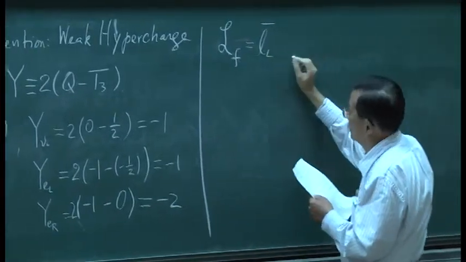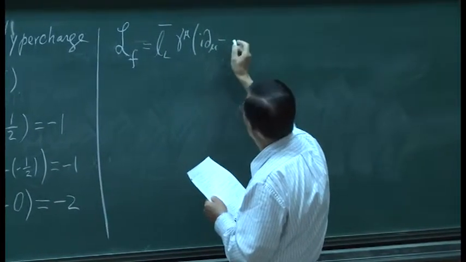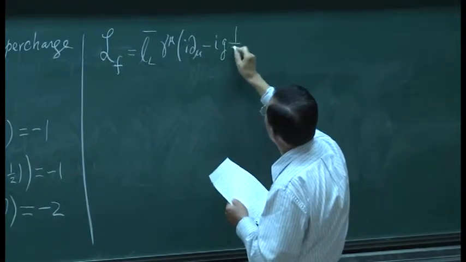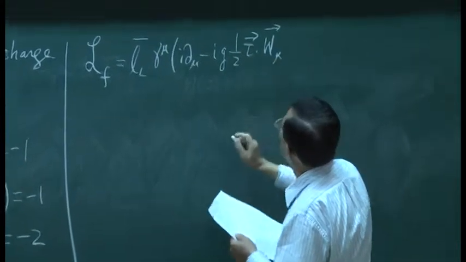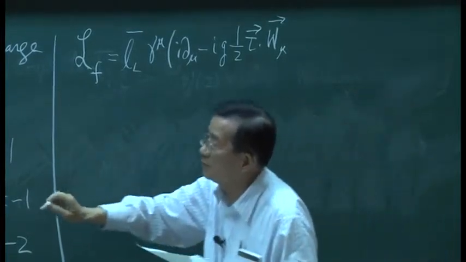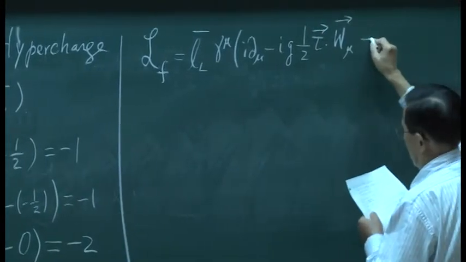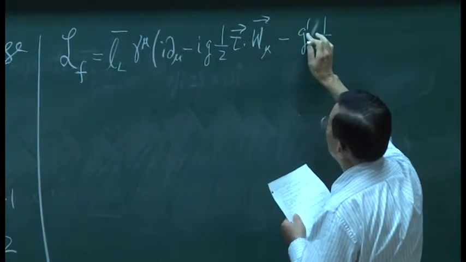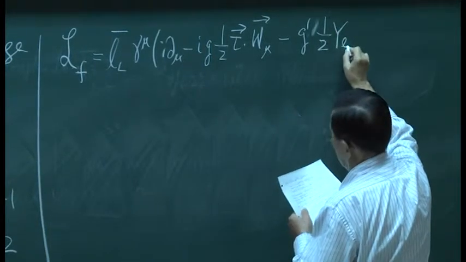Left-handed leptons, gamma mu. And then I have G, 1/2 tau dot W mu, that's the SU2 here. And then I have to include this coupling to the U1. And the U1 will be equal to minus G1, a different coupling constant, 1/2 YL, and then P mu.